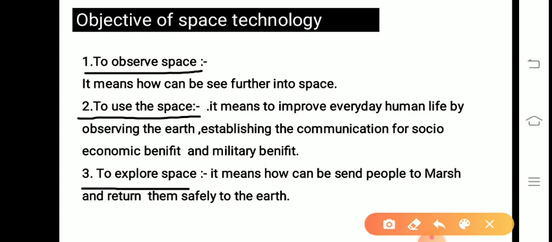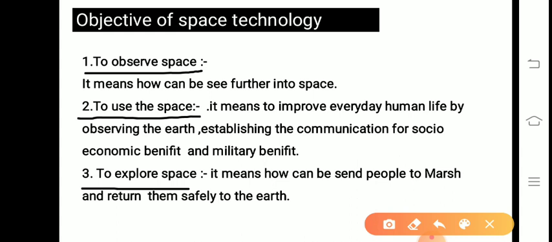Exactly in a similar way, the satellite also gives us information about space. So placing a satellite is not only observing the Earth, but also observing space. That is to observe space.